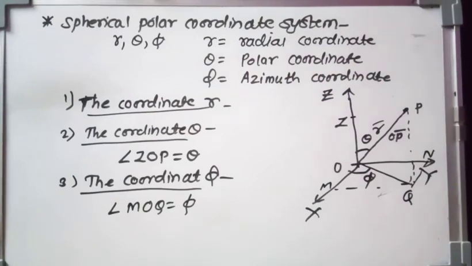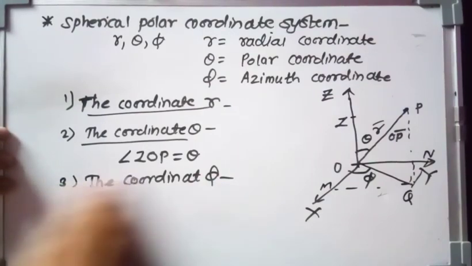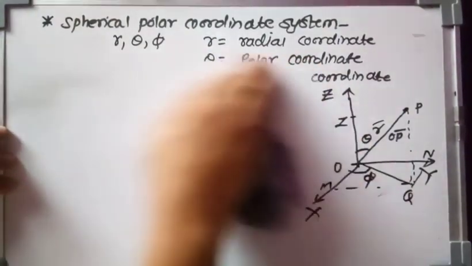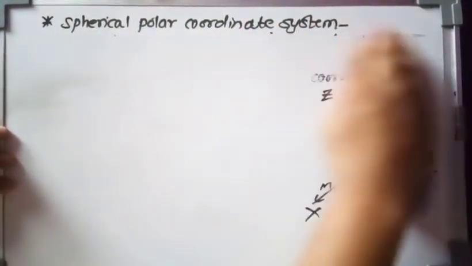Now there are coordinate surfaces in spherical polar coordinate system. Let us see coordinate surfaces.